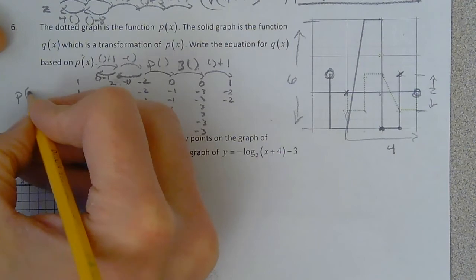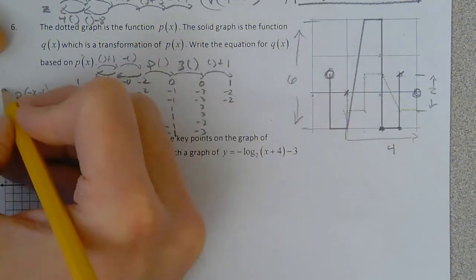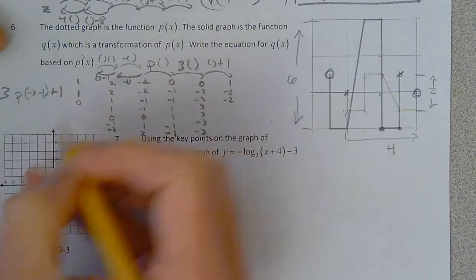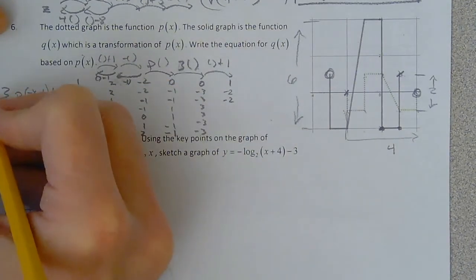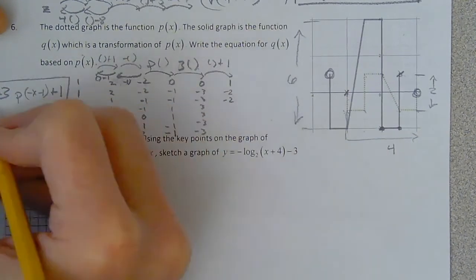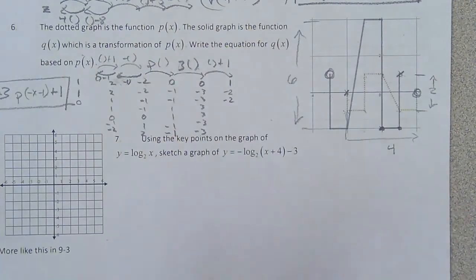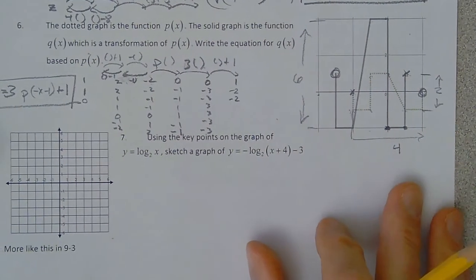That's going to be a negative x minus 1 when I do that. Multiply by 3 and add 1. This should be what q of x looks like to make that. I could check that with the rest of my points, but all the points are hitting along the way there now, so I feel pretty good about that.